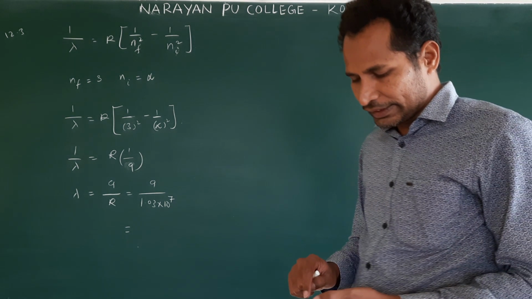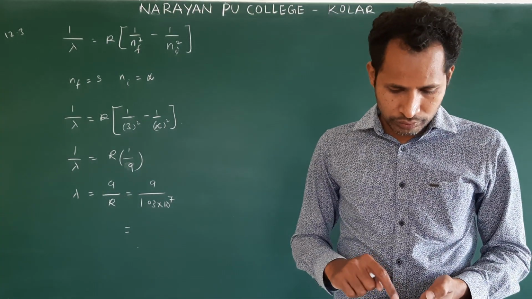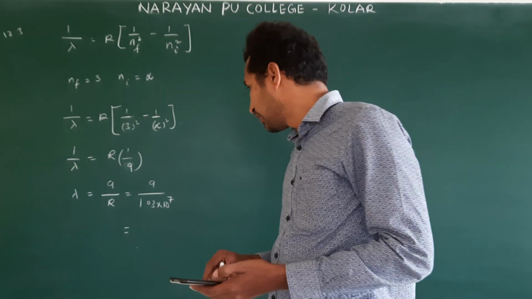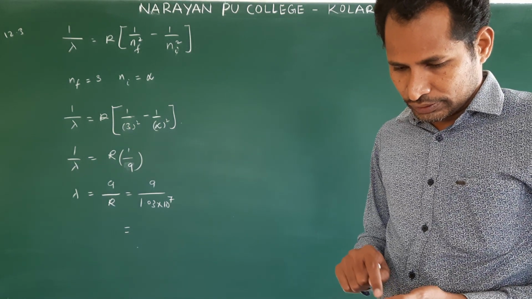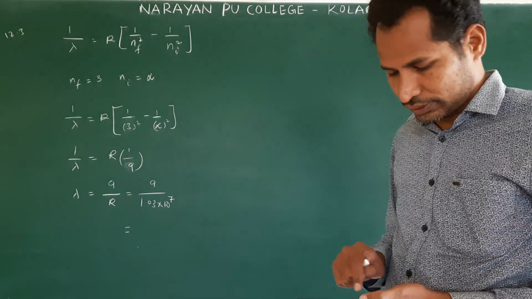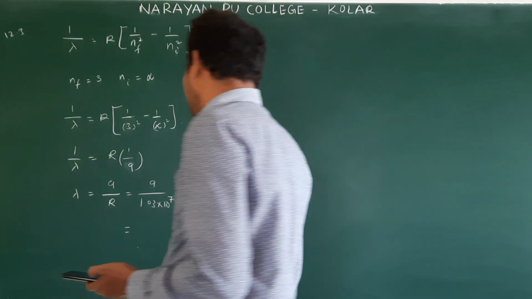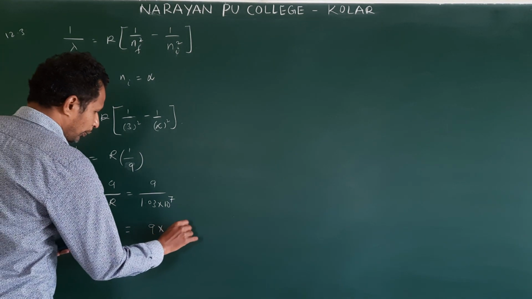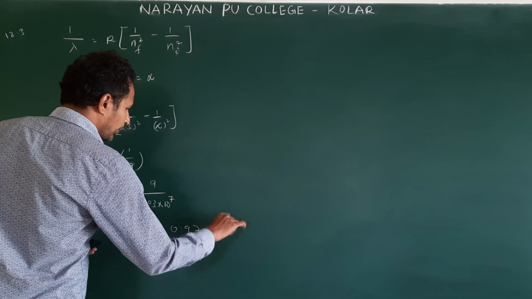Okay, now we'll calculate. So what do we require? 1 divided by 1.03, it is 0.97. So 9 into 0.97 into 10 power minus 7.